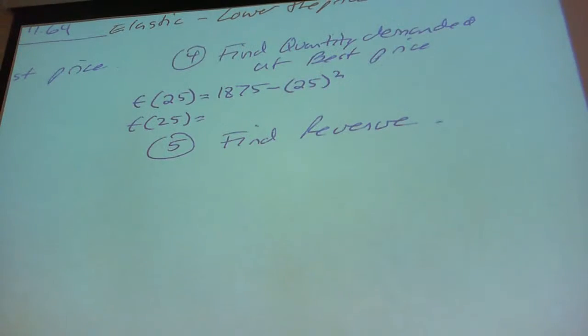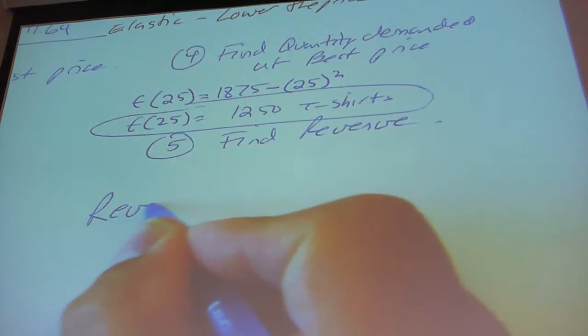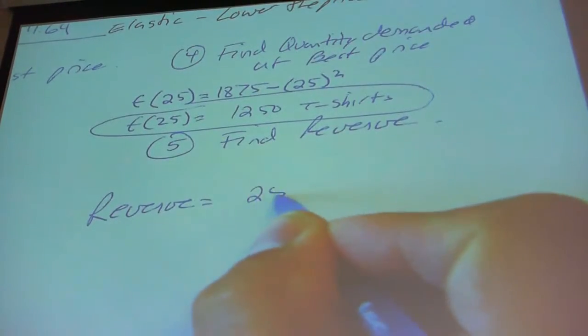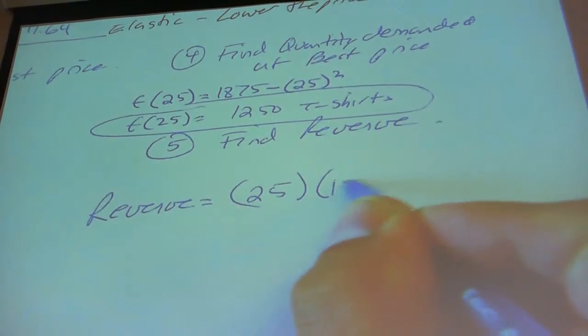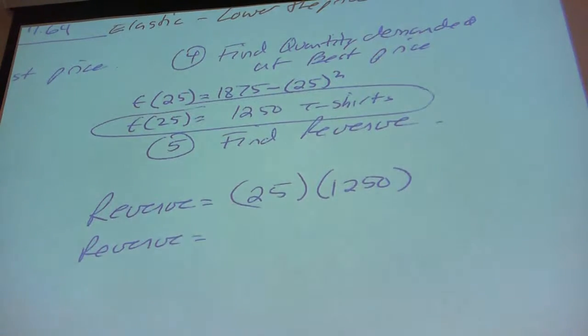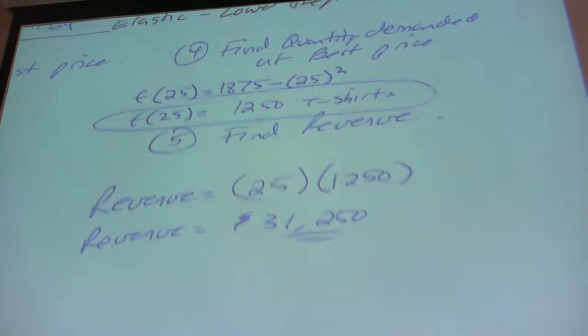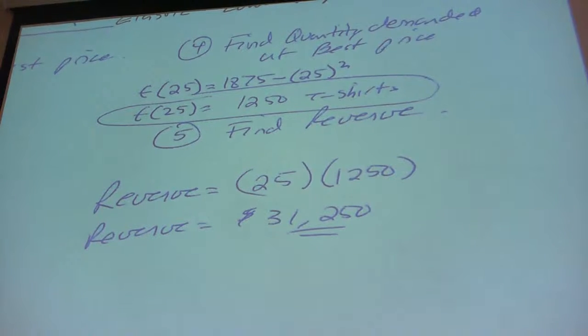What is it? 1250. 1,250 t-shirts. So if I know that the best price is $25, and I know that my quantity demanded is 1250, how much money will I make? $31,250. That will be my max revenue because I chose the best price. Okay?